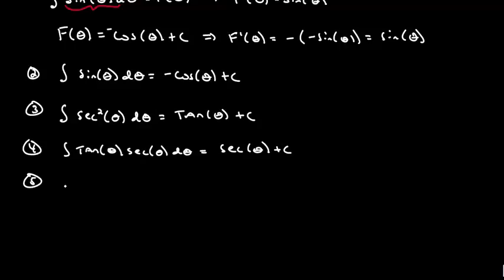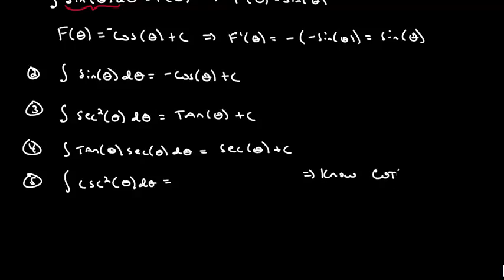Okay, a couple more. We know cosecant theta. Well, what function? And here's where we have to be a little bit careful. The function that we have to differentiate to get this is not quite clear. I don't think this one's not quite as easy to see. So here's what we know.